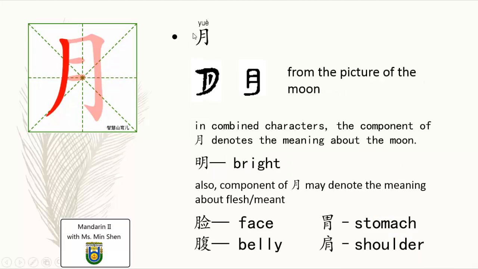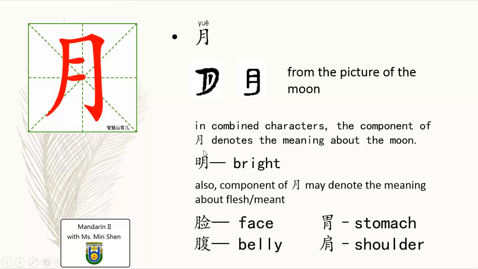Next one, 月, month, or actually it's from the picture of the moon. This is a crescent and changed to be the character of moon, today's character 月. In combined characters, this 月 denotes the meaning of something about the moon for sure. For example, bright. When the sun, 日, and 月 are together, it's super bright.